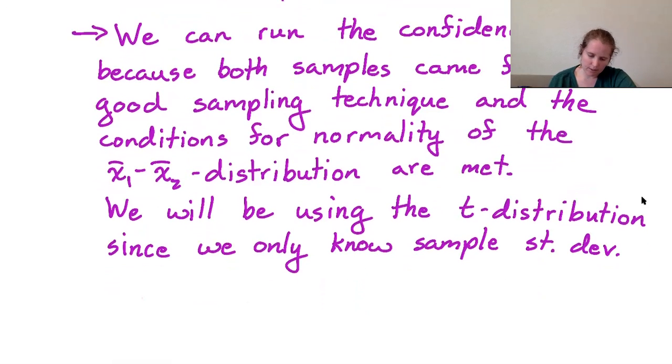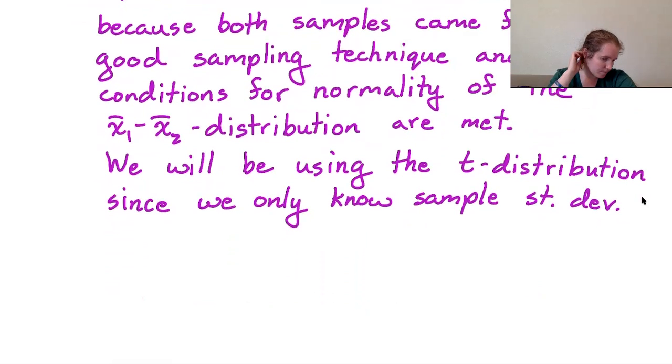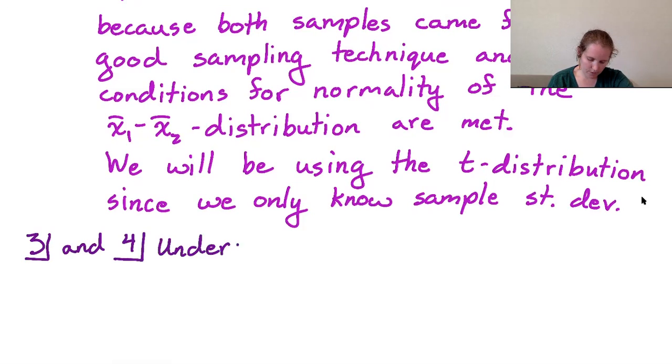So this is steps 3 and 4 for confidence intervals. So understanding the sampling distribution as well as finding the interval. So steps 3 and 4. So this was understanding the sampling distribution.